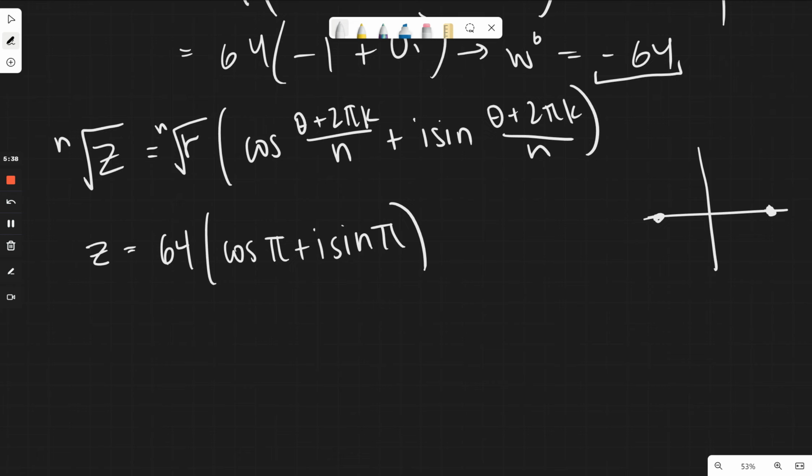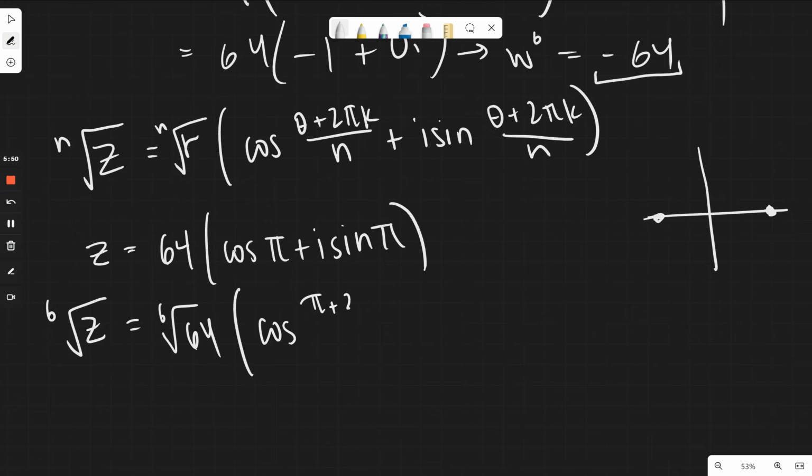Okay, and now we want to take z, and we want to take the sixth root of it. So that means we have to take the sixth root of 64, and then cosine of pi plus 2 pi k over 6 plus i sine of pi plus 2 pi k over 6.